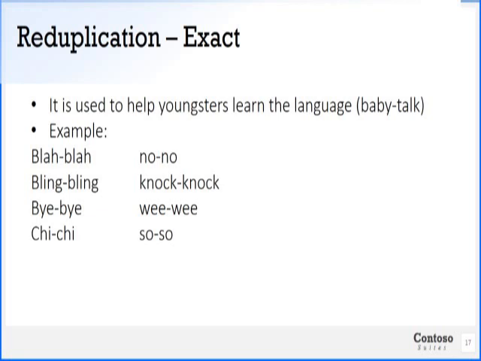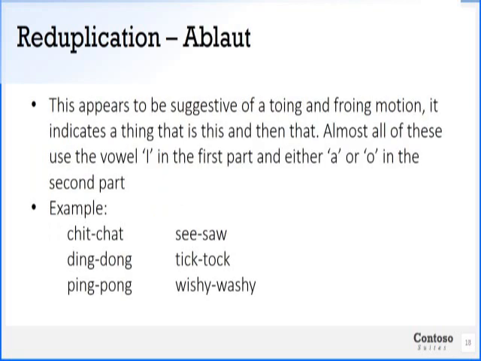And then the next type is ablaut. The reduplication ablaut appears to be suggestive of a toing and froing motion. It indicates a thing that is this and then that.